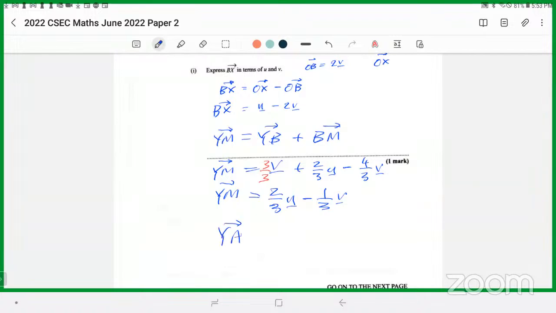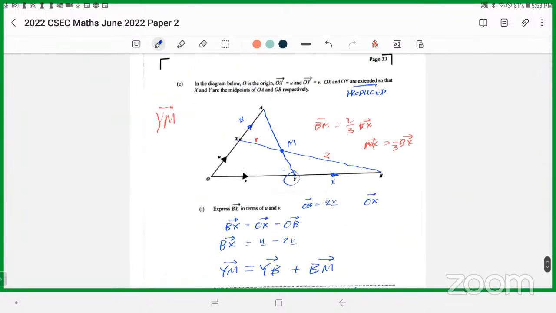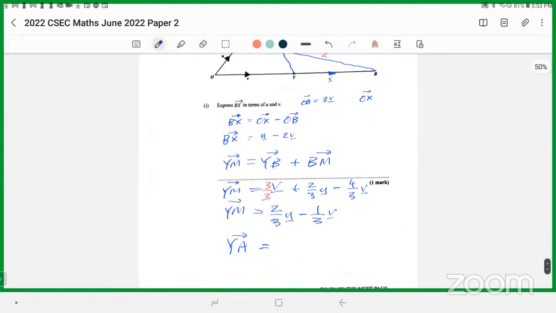And then YA, remember, based on the diagram, YA is OA minus OY. Or you can look at it, go from Y to A, it is minus V, come back here, minus V, and then go up 2U. Minus V plus 2U, which is the same as 2U minus V. Or we could say YA is OA minus OY.